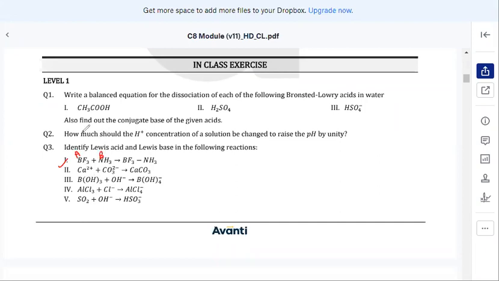Second one, everyone tell me. Yes, very good.